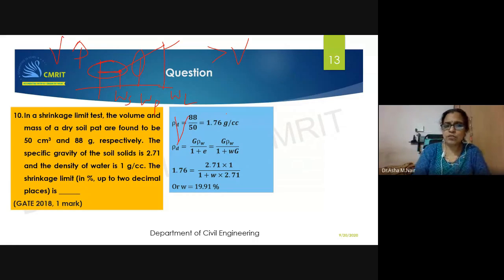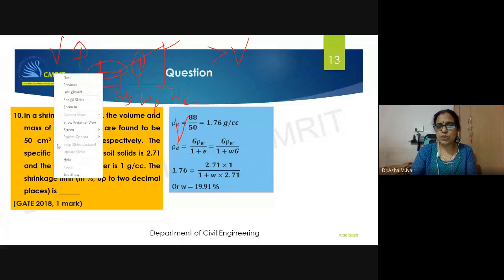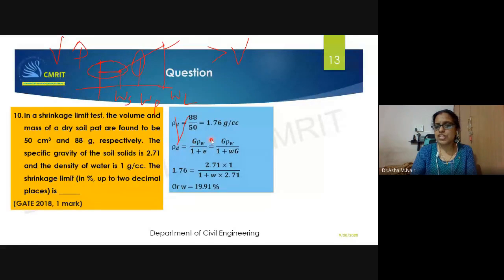Now, the moment you get the value for rho D, how do you go for the next part? Please keep in mind, shrinkage limit means it's a saturated condition. So what expression can you use? Rho dry is equal to G rho W by 1 plus e, and e is nothing but wG by S. But S is equal to 1 at shrinkage limit, therefore rho D is equal to G rho W divided by 1 plus wG.